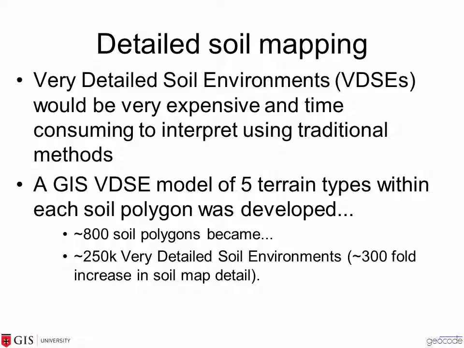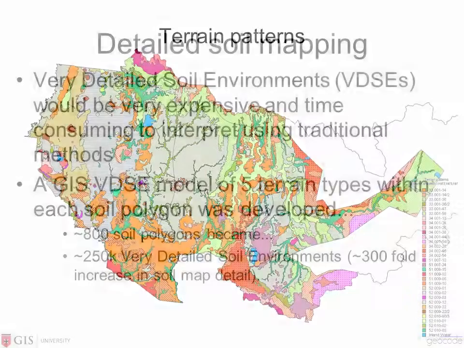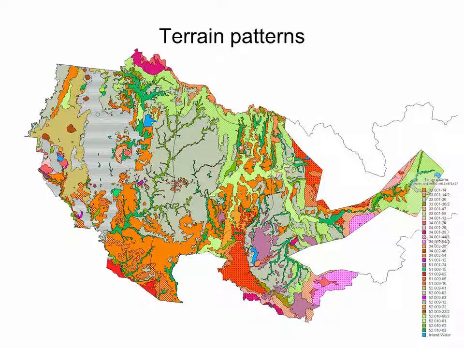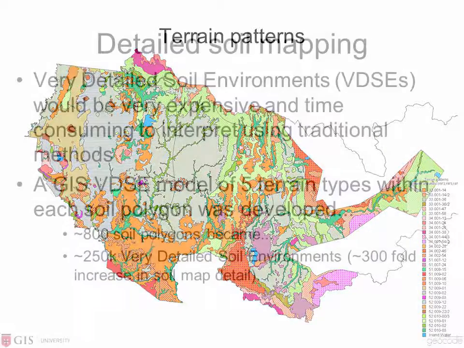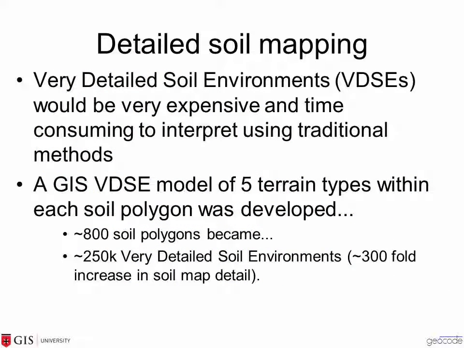I was able to then synthesize these into some combinations and create 5 divisions within each terrain pattern boundary in that 1:25,000 scale soil map that we were looking at earlier. I call these divisions very detailed soil environments.